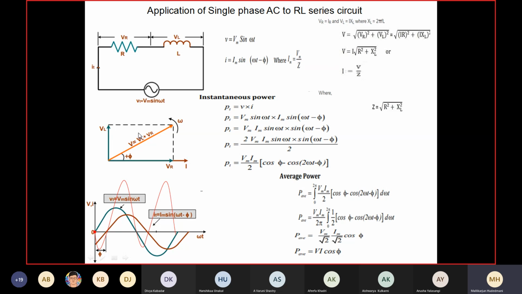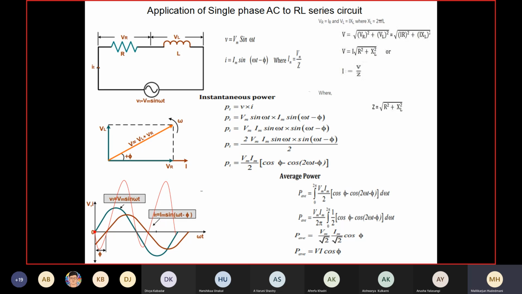So it becomes impedance, resistance, reactance. So IR, IXL, I into Z, I is common in all the three sides. If I cancel that, what remains here is Z, R, XL. So therefore, I will have one more understanding called the impedance triangle.